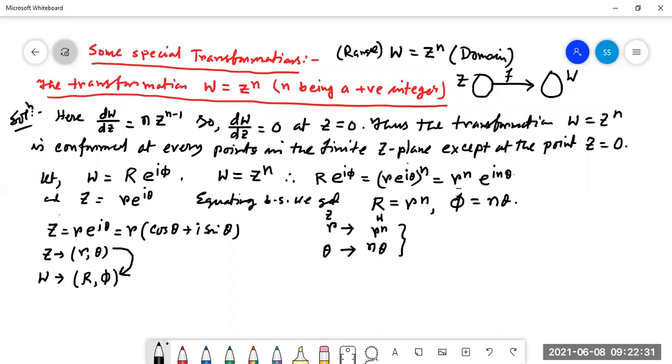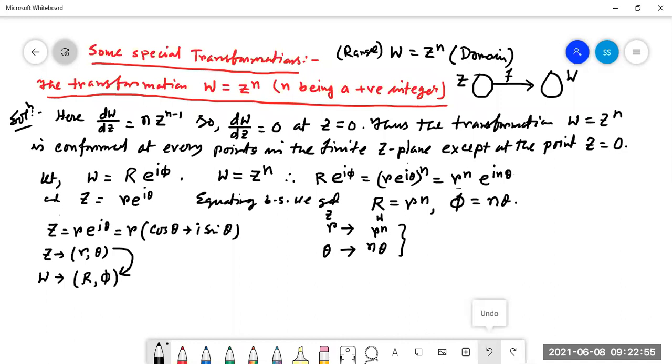So can we say that after transformation, it is magnified n times? Look here.